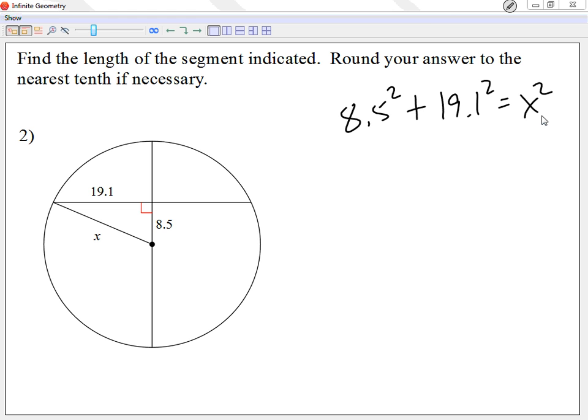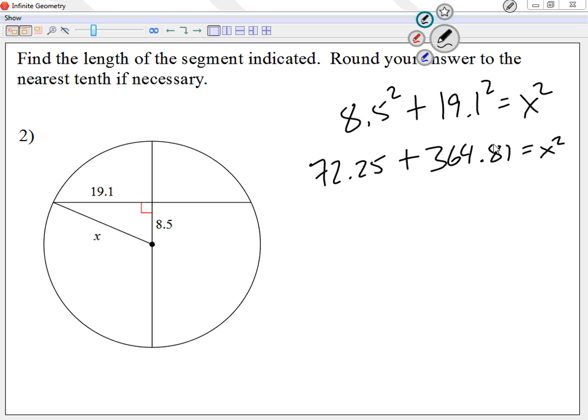So I had to figure out what's 8.5 squared, and what's 19.1 squared. According to the calculator, I get 72.25 for 8.5 squared. For 19.1 squared, I get 364.81. I can easily combine those.